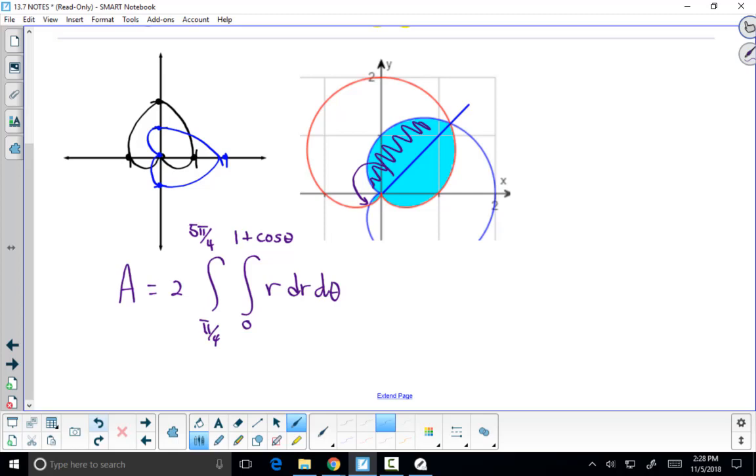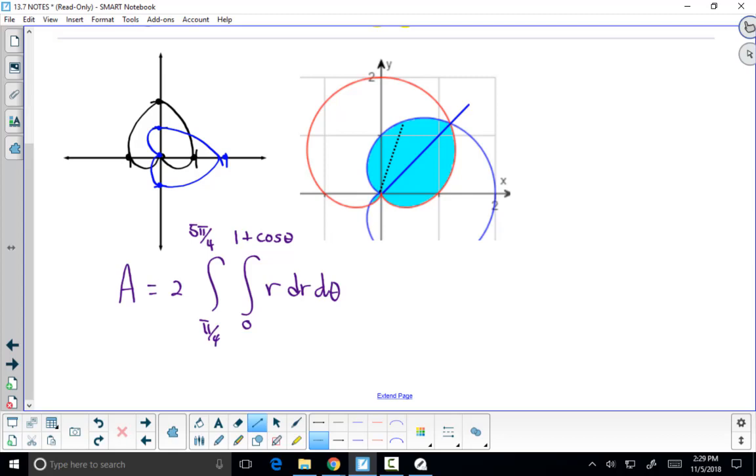Why is your r 0? Let's clear this out just a little bit. When we're focused on this region here, if I draw a polar element, I'm emanating from the origin. Polar is just like spherical. Often you're starting at r equals 0 for polar because you're emanating from the origin. So the inner curve is r equals 0, just the origin.